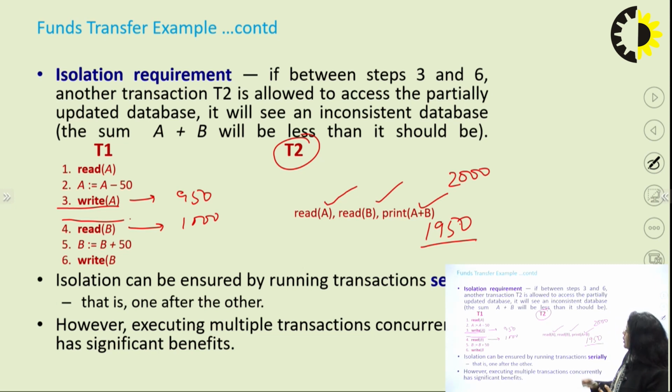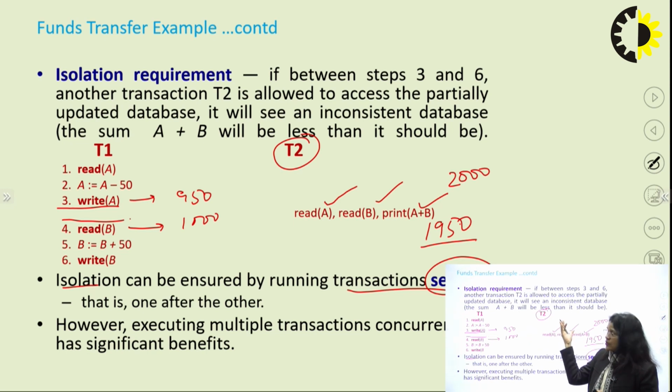So if we have interleaved transactions, two transactions executed simultaneously with their operations interleaved, then some inconsistency may occur. So what is the requirement for a transaction? Isolation can be ensured by running transactions serially, because inconsistency may occur when we run two transactions simultaneously, but we cannot do so.